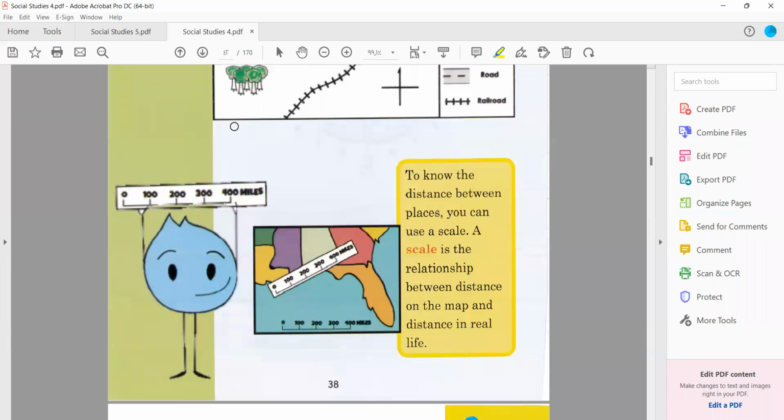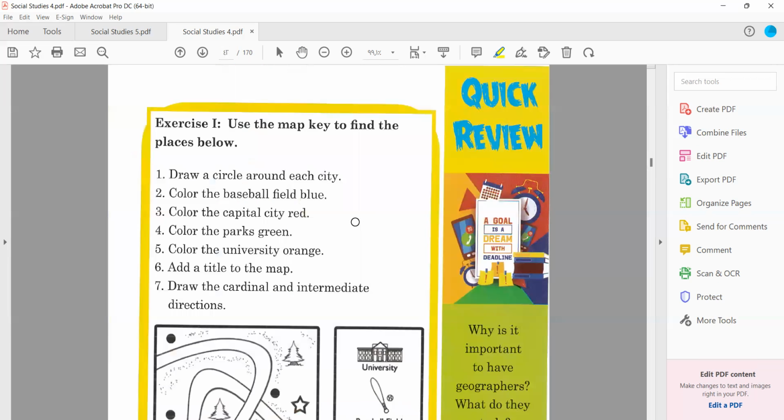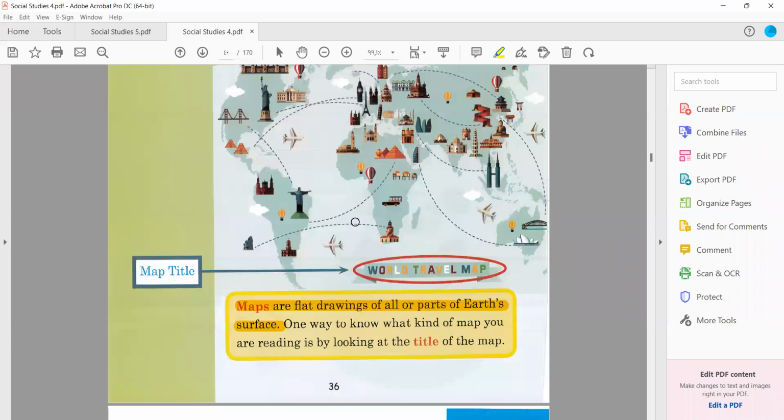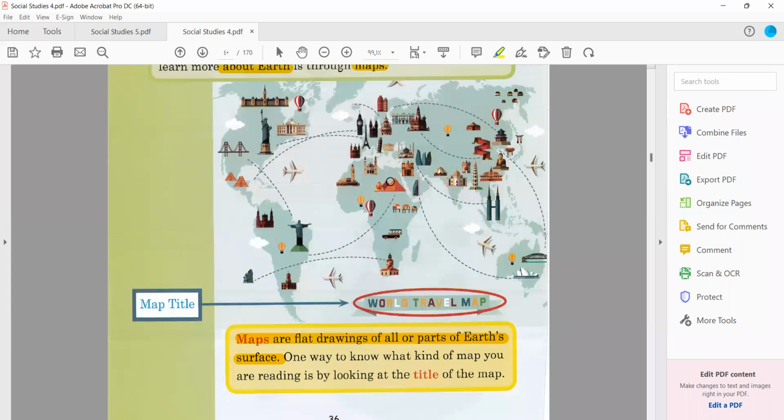Moving to the other paragraph down below, we have the scale, okay? The scale. The scale is useful if we want to know the distance between places. So let's say, for example, you want to know the distance between the pyramids and the Great Wall of China.